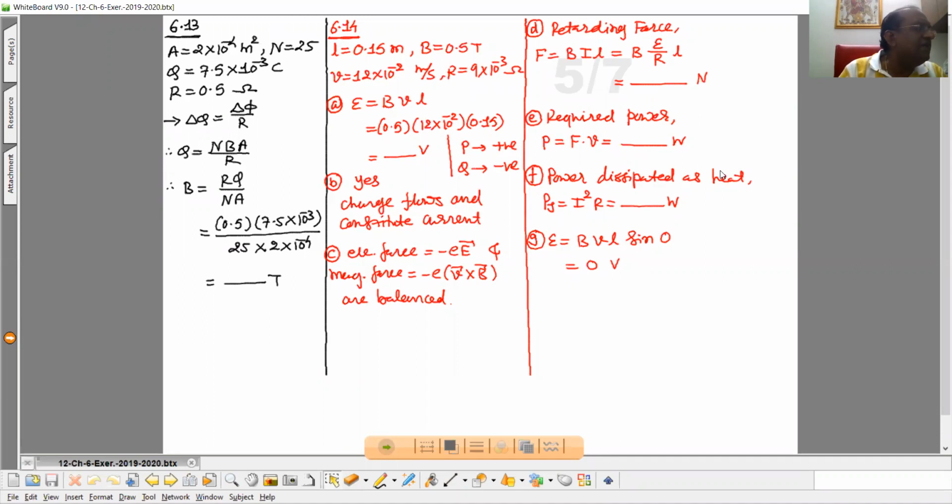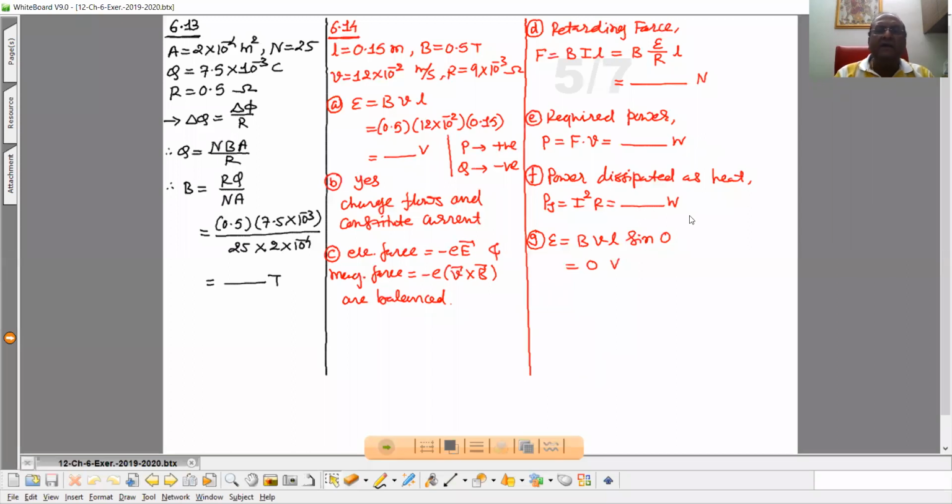How much power is required when K is open? So the required power is force into velocity. Clear? Force we calculated, velocity is given to you, you will get the answer. And the same is required because Lenz's law is always present whether the key is closed or open.